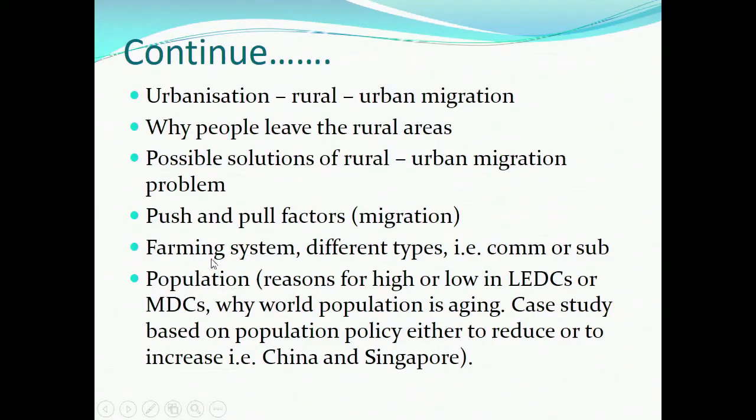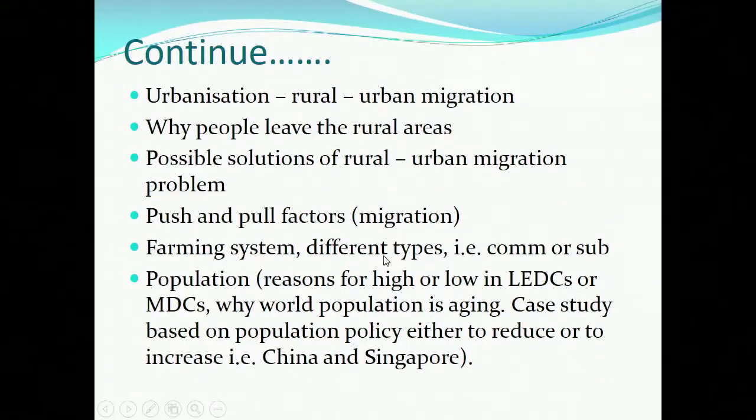Then we come to the agriculture part, the farming system. Remember that we also have the industrial system, but this time around, let's look at agriculture. In the farming system, you need to understand the different types of farming, for example, commercial farming and subsistence farming.